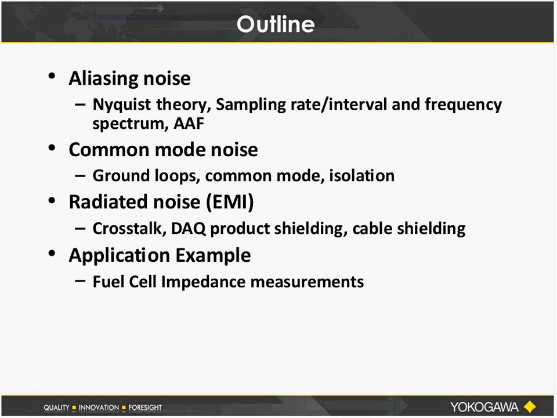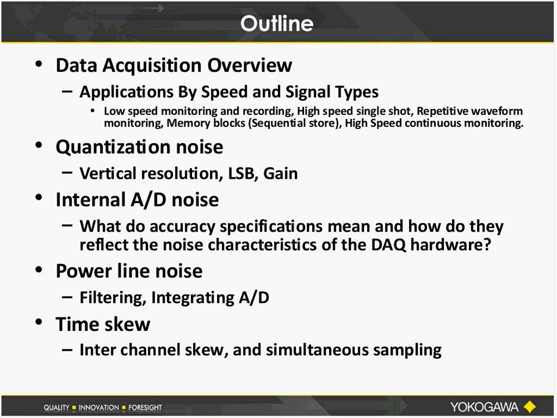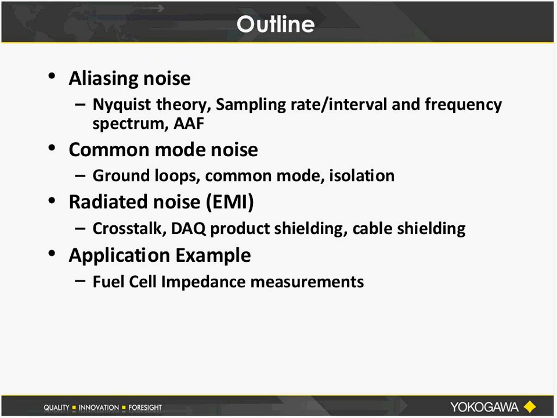As you can see, we'll be covering noises starting with quantization noise, internal A to D noise, power line noise, time skew, and then moving on to aliasing noise, common mode noise, radiated noise, and wrapping up with a couple of examples and discussion about why it's important to pay attention to these noise sources.